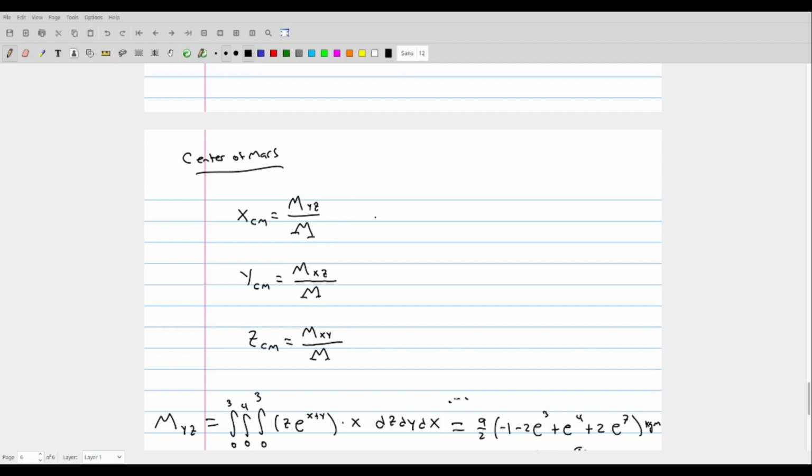When we plug in here, you take the yz moment and divide it by the total mass, you get that the x center of mass is approximately 2.15718 meters. You plug in for the y center of mass, you get approximately 3.07463 meters. And you get the z center of mass actually is exactly 2.